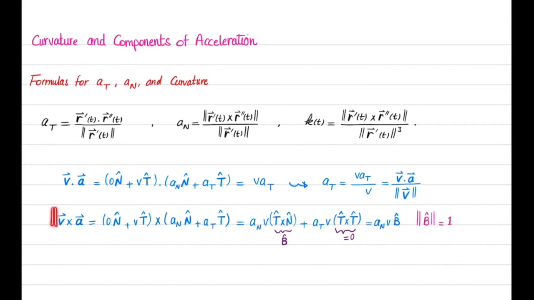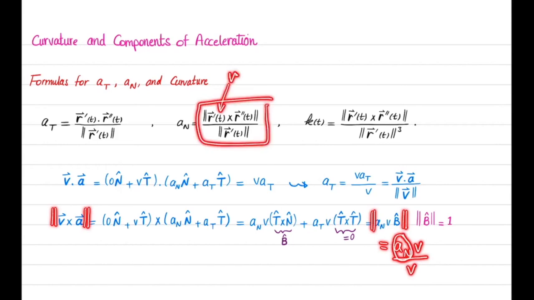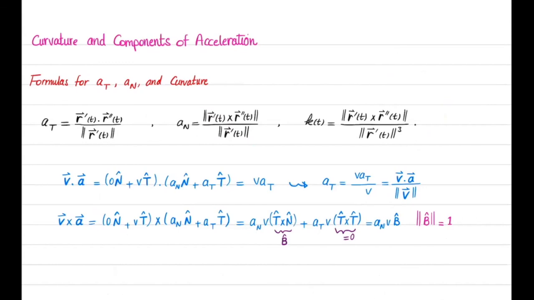So the magnitude of this cross product will be equal to A_N times V. And if we divide it by the magnitude of the velocity, we can find the normal component of the acceleration, which we have here. So this is vector v, this is the vector a, and again, this is vector v. And also we know that the curvature is equal to the normal component of the acceleration divided by the velocity squared. So A_N divided by the velocity squared will be this equation here.